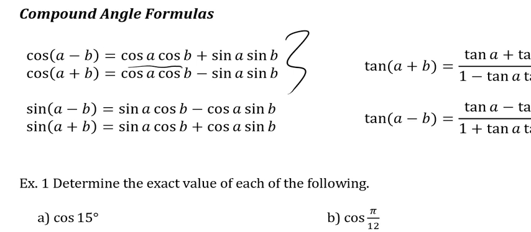So this is cos A cos B plus sine A sine B. So the sign changes. This one's sine cos, cosine, and the sign stays the same, like it matches. So it sort of makes it easier to remember because they're similar, but harder because you have to remember which one's which.